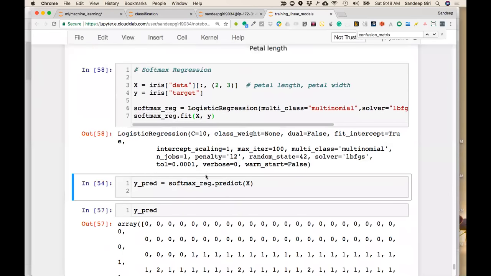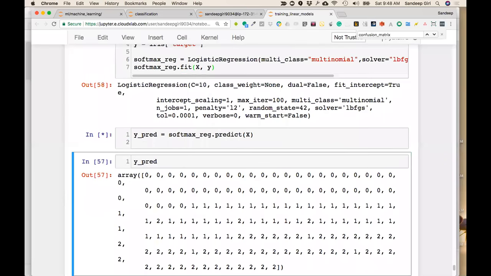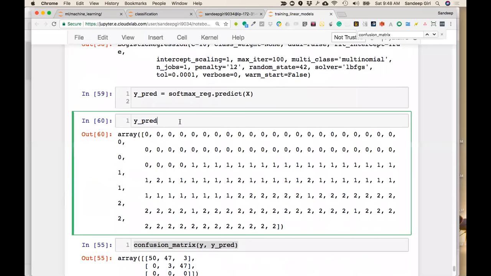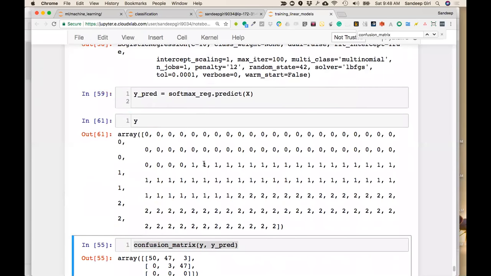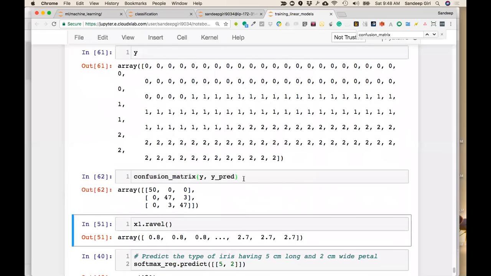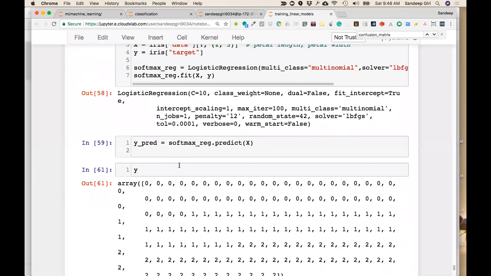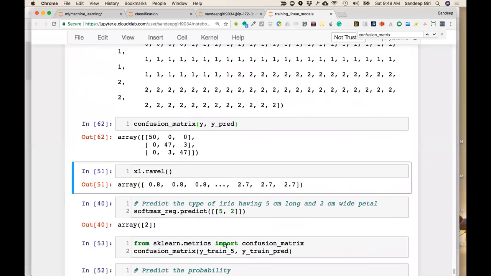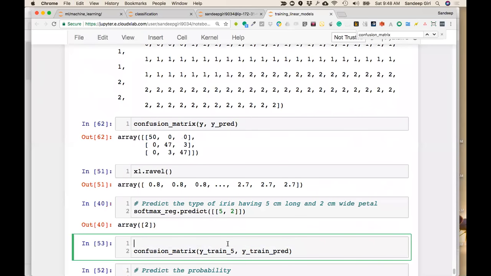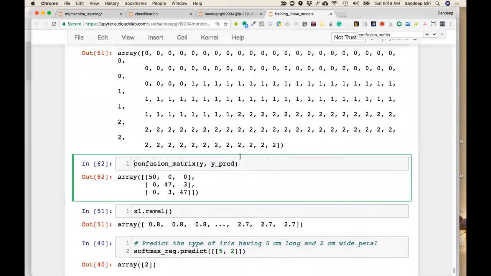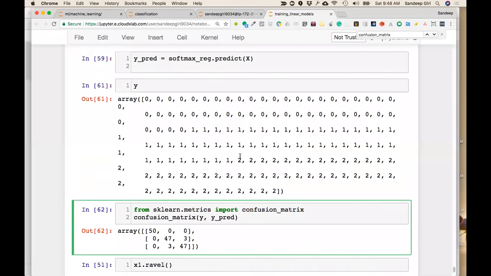So let me just try to predict y. Y predicted is this, and y actual is correct. Now let me just show you the confusion matrix. Now you can see this is better. After this, let me put all the code together in a nice fancy way.